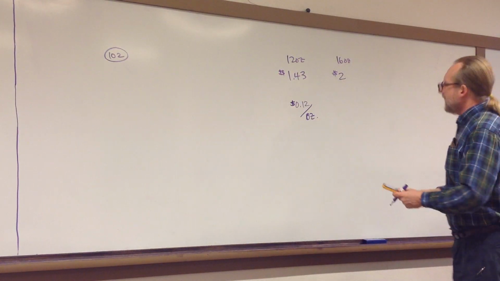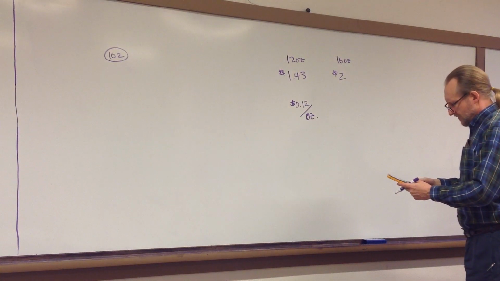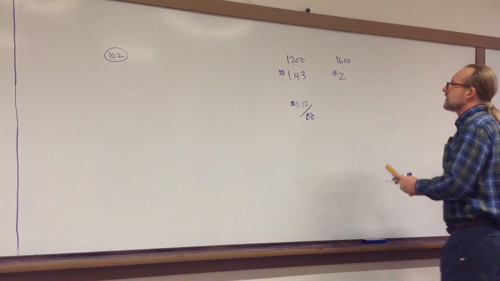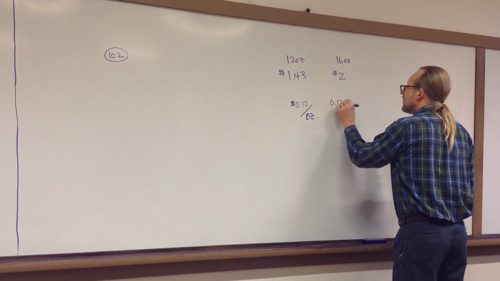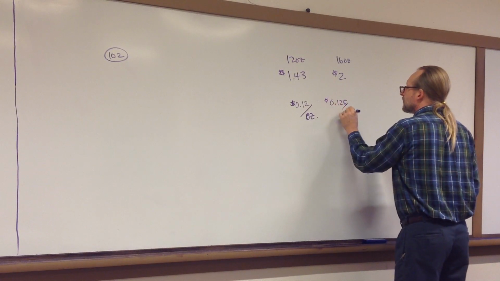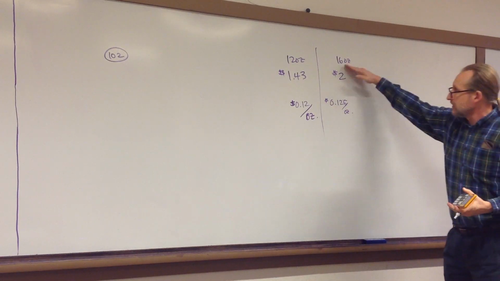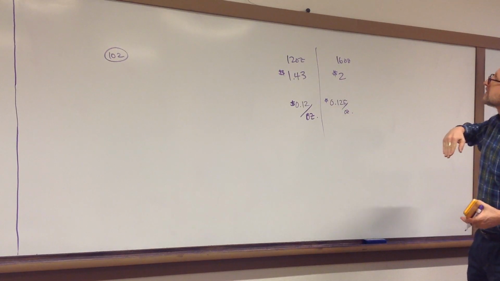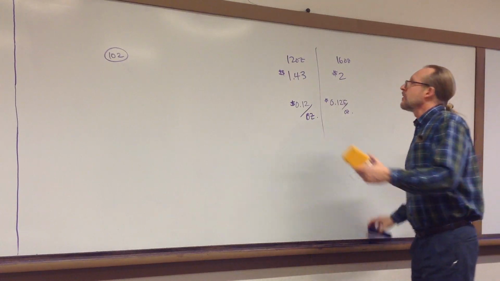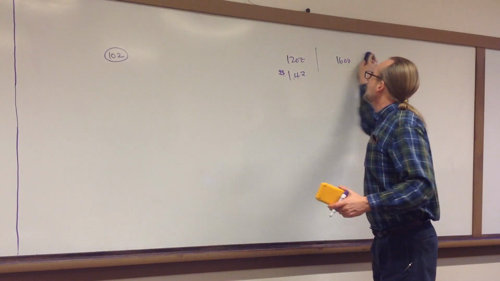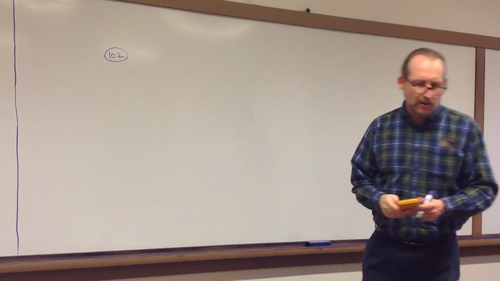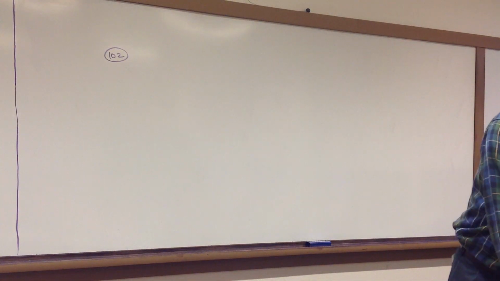Cost divided by ounces. $2 divided by 16 ounces comes out to be 12.5 cents per ounce. So even though you're getting more in this package, you're paying more for it. So that's what we're going to be doing with these problems. And wherever you see the word per, that means divided by.